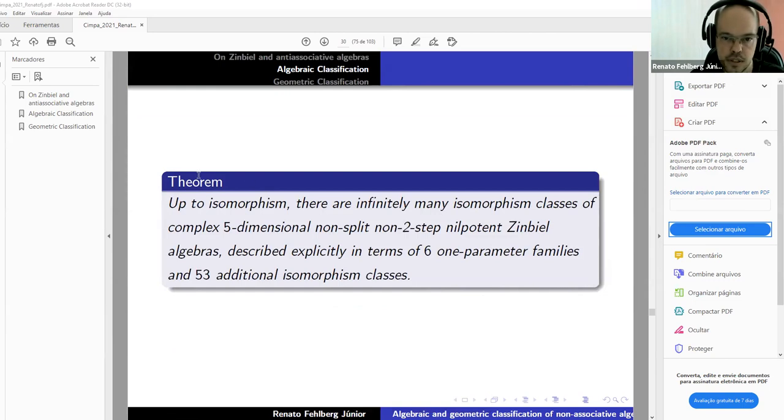Therefore, we have this theorem that gives us the algebraic classification.